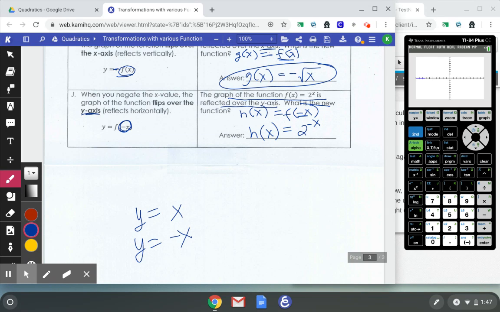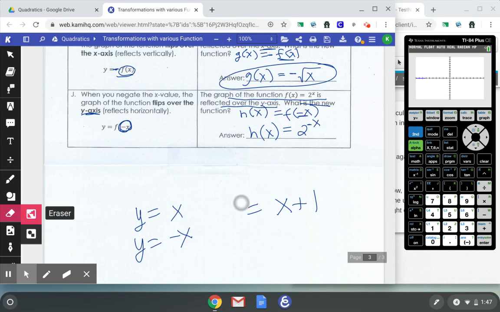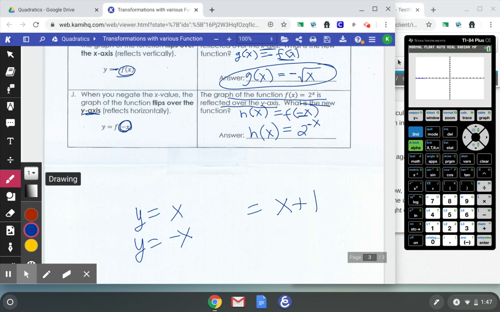All right, let's say I gave you the function y equals x plus 1, or let's say we call this f of x equals x plus 1. And I said flip it over the y-axis. So what you would do is you would say, I'm going to make the x negative. So this would be negative x plus 1.